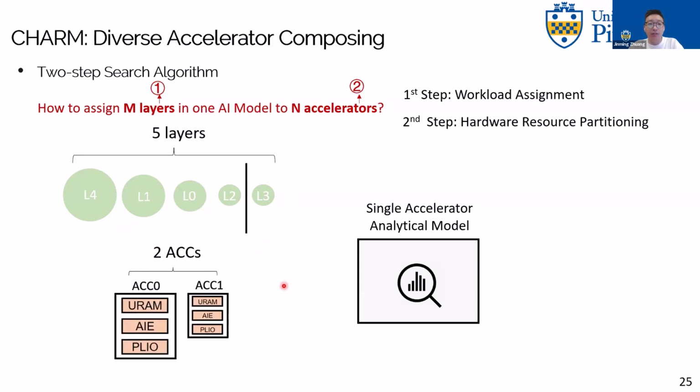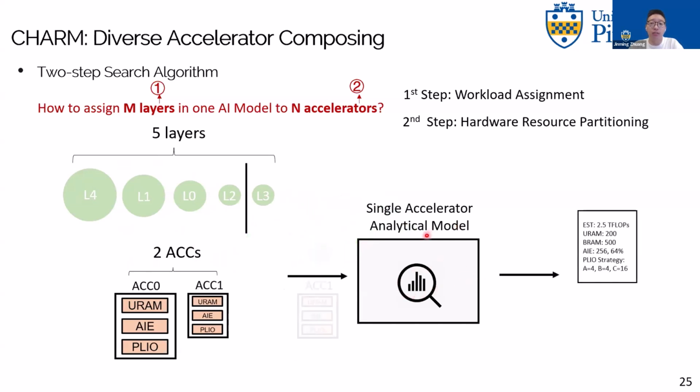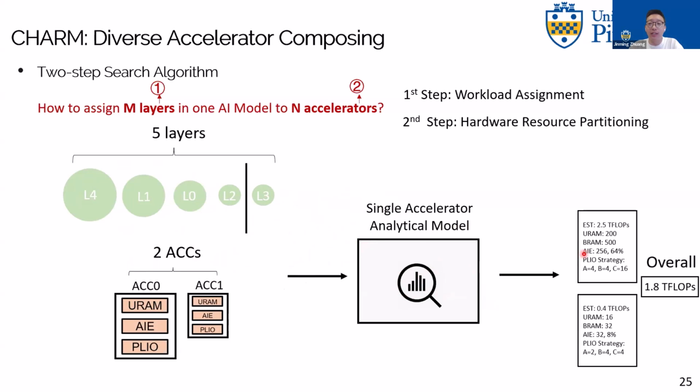Then we partition the hardware resources proportionally to the total number of operations assigned to the corresponding accelerator. After that, our Charm diverse composer sequentially launches the single accelerator DSE to find the hardware configuration for each accelerator with the specific parallelism strategy, and will give us the estimated throughput and the overall throughput.